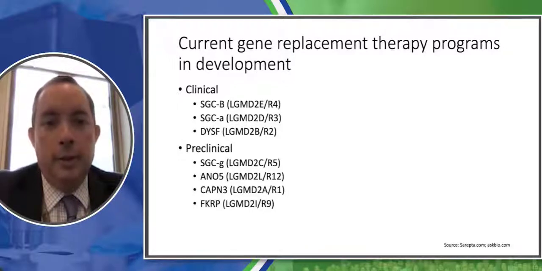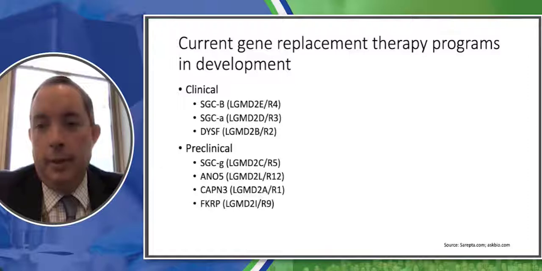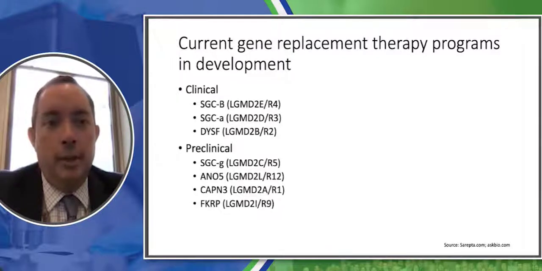But beyond that, you can see the list of different genes that are targeted in clinical programs. So people are doing early safety studies in beta-sarcoglycan, alpha-sarcoglycan, or dysferlin. Or if you look at these companies' websites, you can see that sarcoglycan gamma, ANO5, calpain-3, and Fkrp are all in the near term being targeted for gene replacement programs.